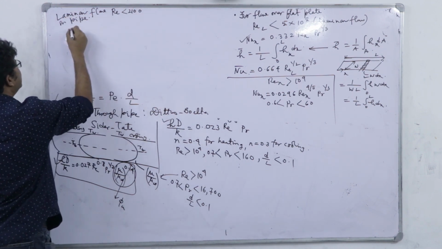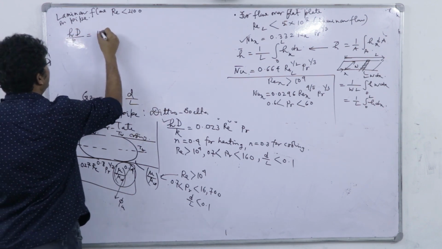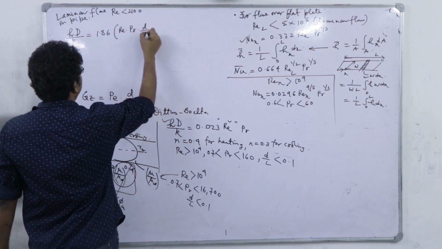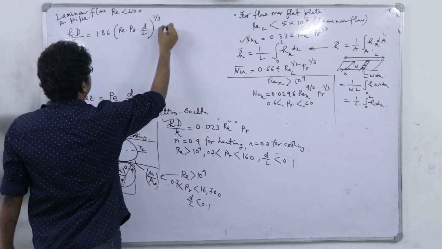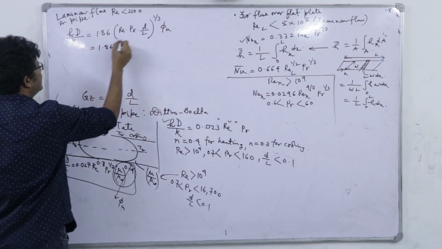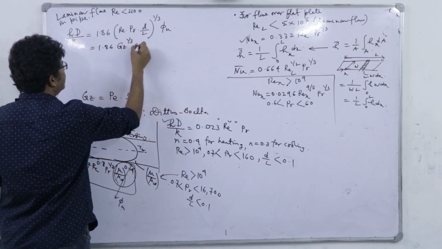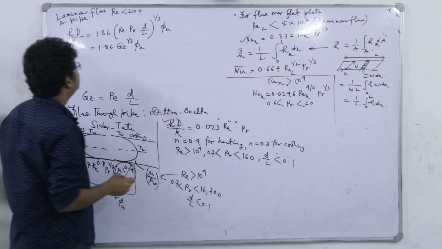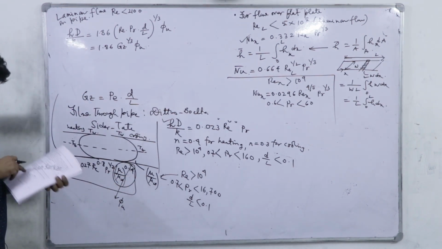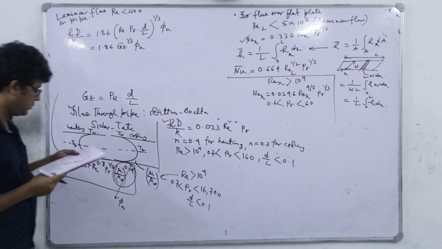So what is the equation? h into D divided by k, 1.86 into Reynolds number into Prandtl number into D by L whole to the power 1/3 into phi u. Phi u is the viscosity correction factor, and this group is nothing but Graetz number. So that's the Sieder-Tate equation for this laminar flow.